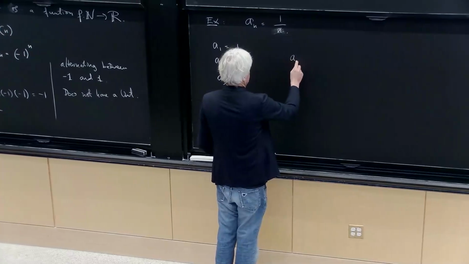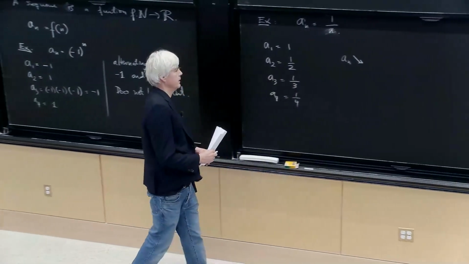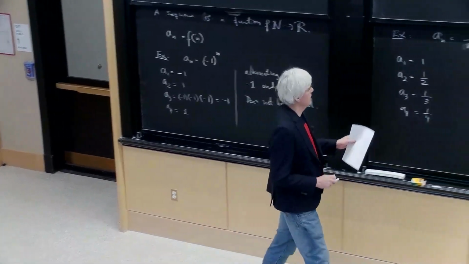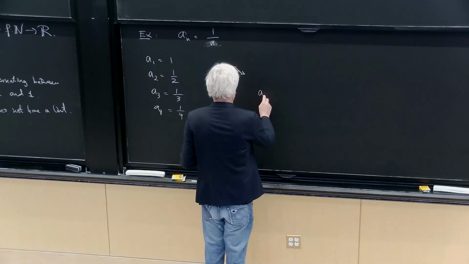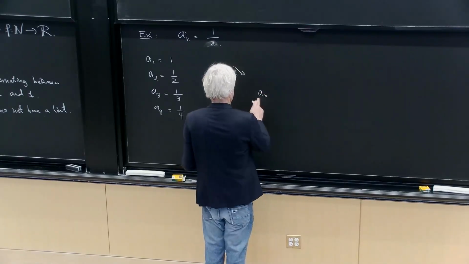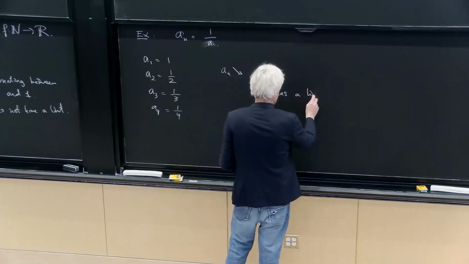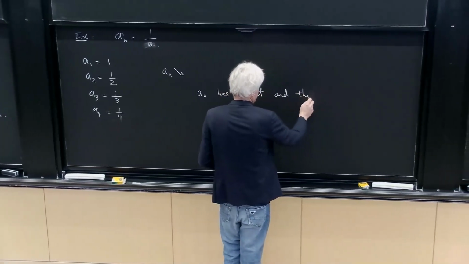You could write that suggestively, this here is going down like that. So it seems sort of obvious that this sequence has a limit, and the limit is 0.